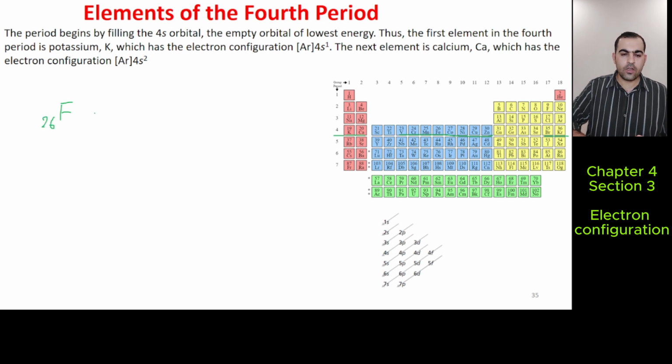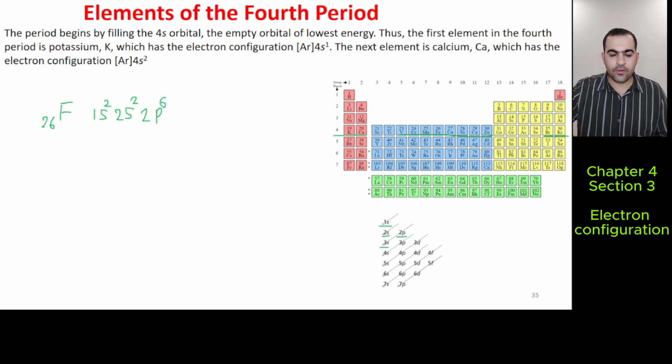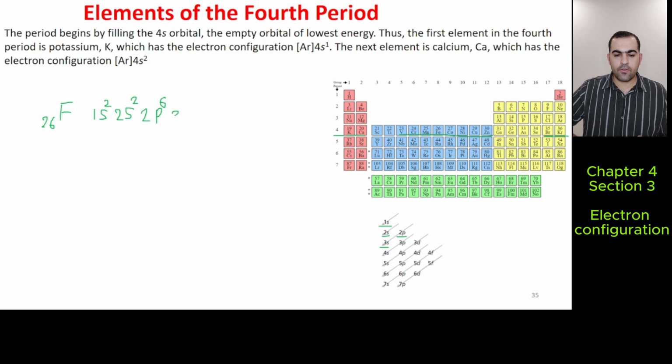Look, I start from 1s, then 2s, 2p, 3s. 1s2, 2s2, 2p6, until now 10, 2p6, 3s2, 3p6.